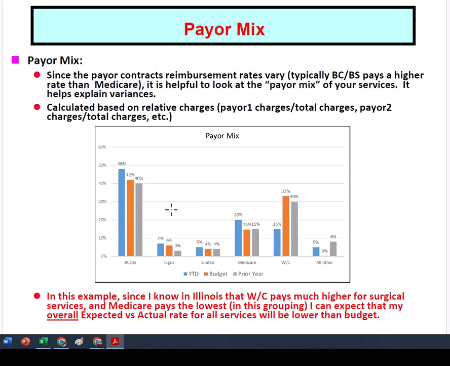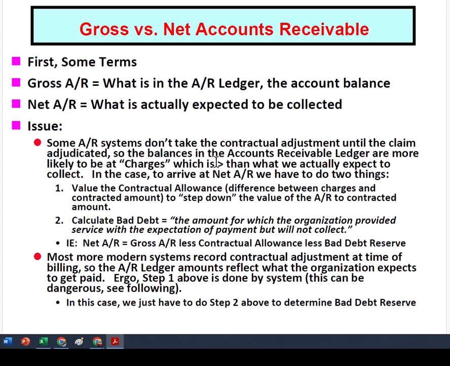The most common one I've seen in my career is that the percentage of Blue Cross patients has dropped and the percentage of Medicare has gone up, especially in orthopedics with the aging baby boomers.